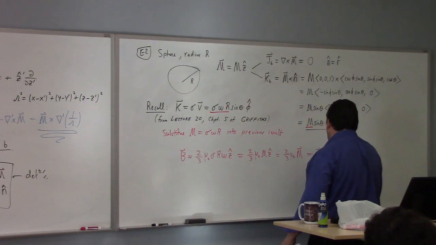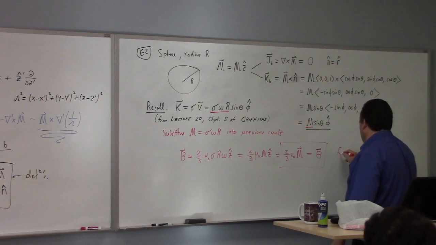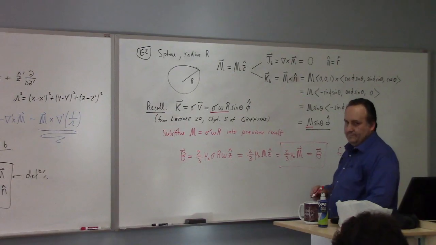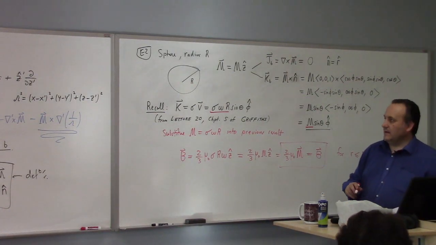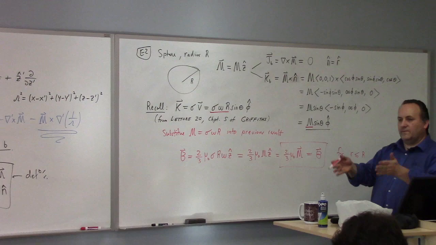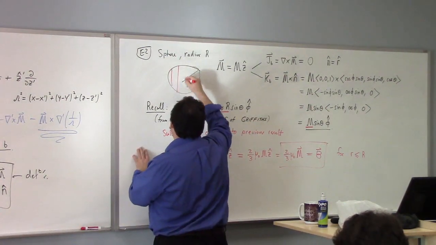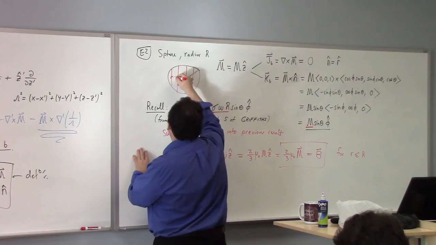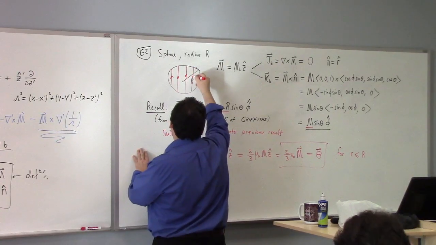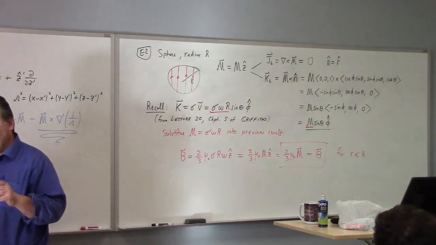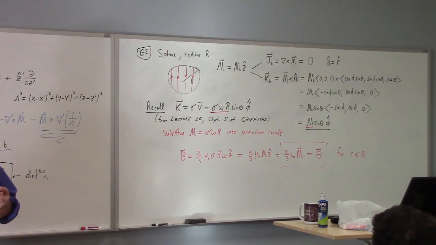So there you go, that's the magnetic field for r less than or equal to R. The magnetic field's uniform, and it just looks like this inside. Here are my field lines. Then what happens outside of the sphere is that it's like a pure dipole at the origin.